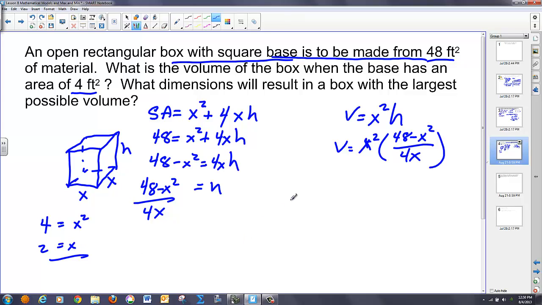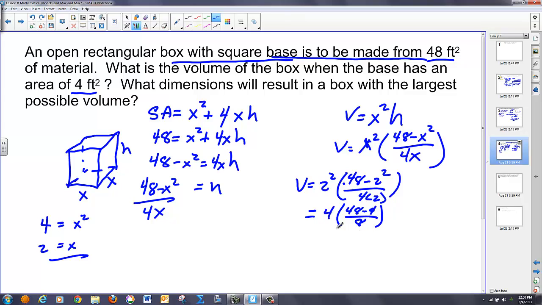Now if I want the volume of the box that has a base area of 4, that means x equals 2. So the volume is equal to 2 squared times 48 minus 2 squared over 4 times 2. In other words, I've got 4 times 48 minus 4 over 8.